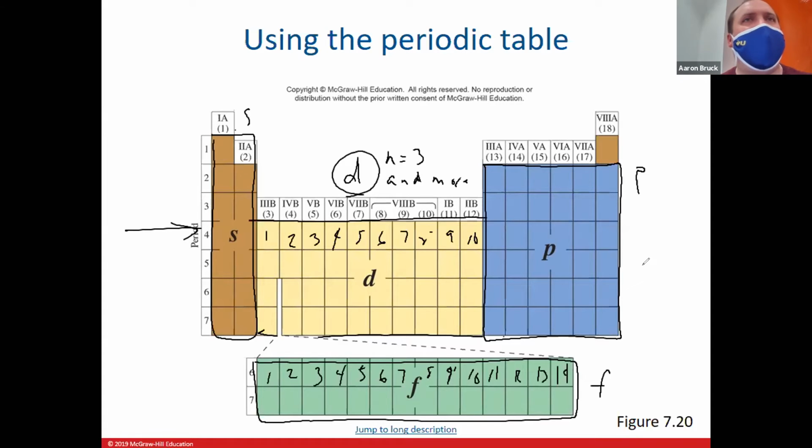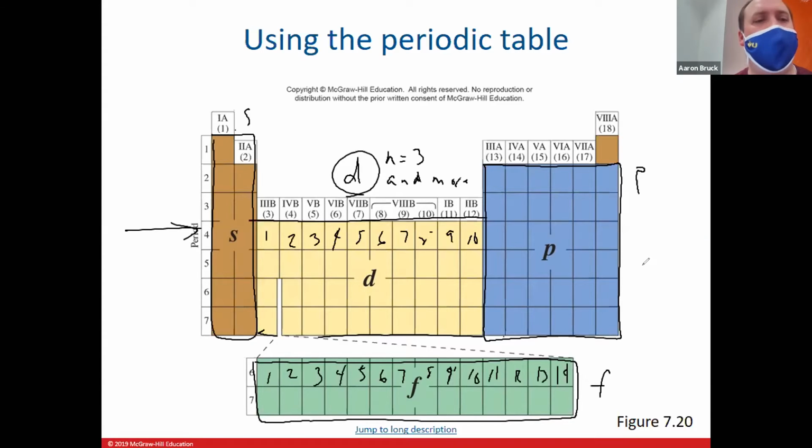Why is that the case? Well, you have to remember something that we said on Wednesday. As our sublevels get more and more complicated, they also get more and more energetic. It becomes a lot more difficult to put electrons in there because they require more energy to go in there because they're more complex.